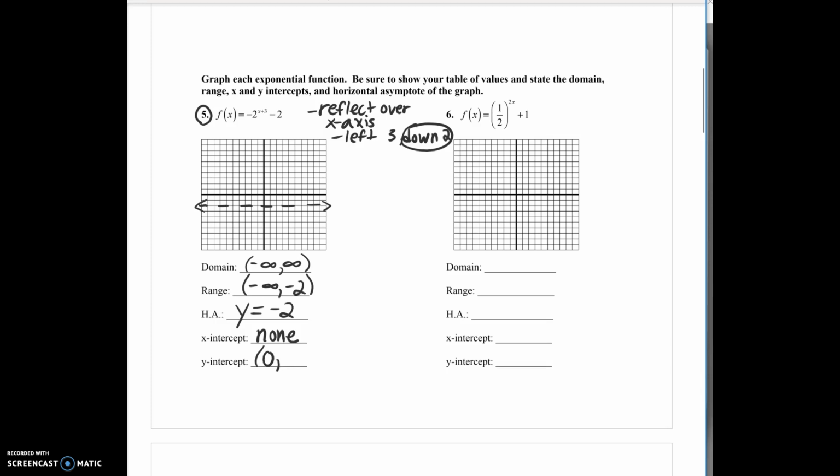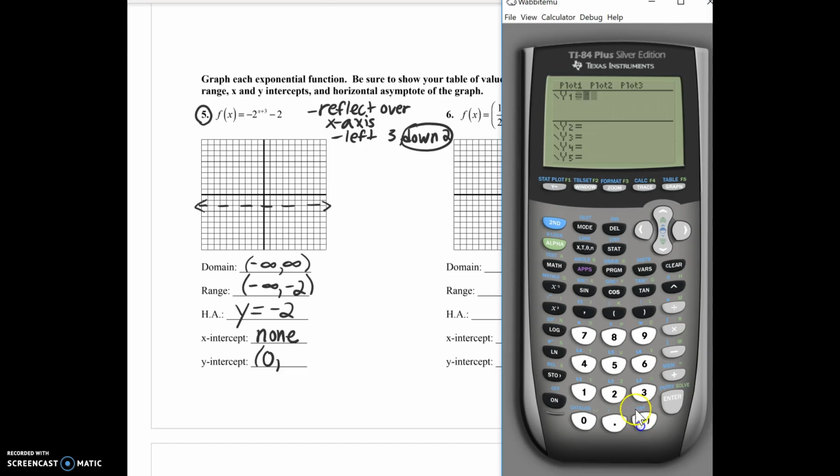So in fact, we could go over to the calculator and we can plug that in. And then get some good stuff from your table. So just usually get a couple points that will fit on the graph from there.